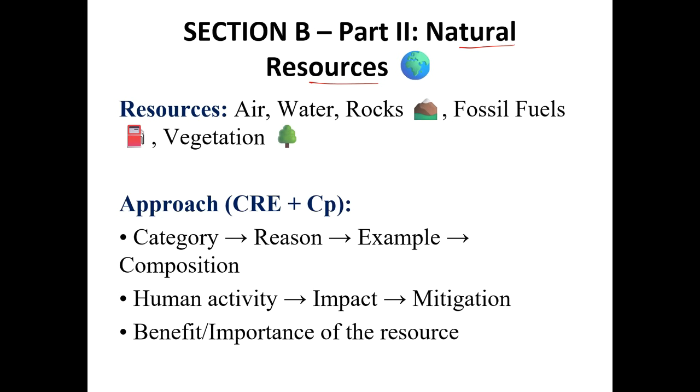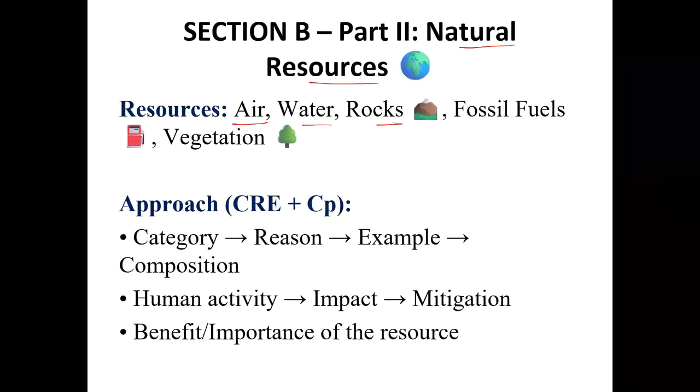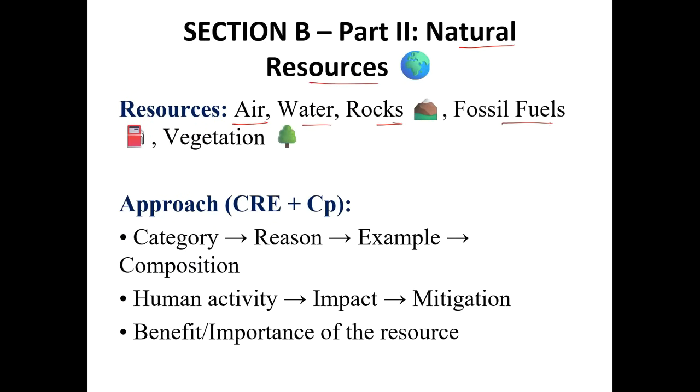Number 1, we have air, water, rocks and minerals, fossil fuels, and vegetation. On vegetation, I put for you a tree, meaning even trees are part of this vegetation. Fossil fuels, we have a number of them: coal, crude oil, and natural gas.